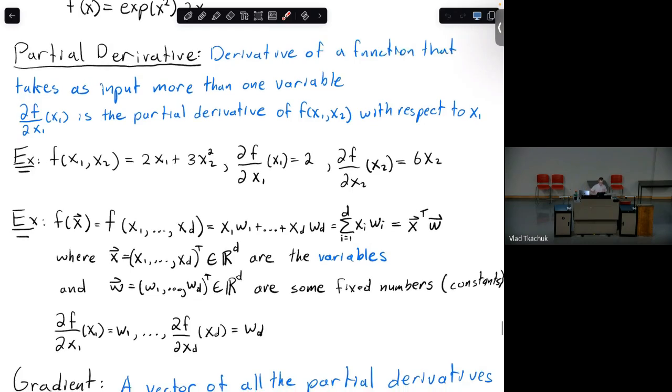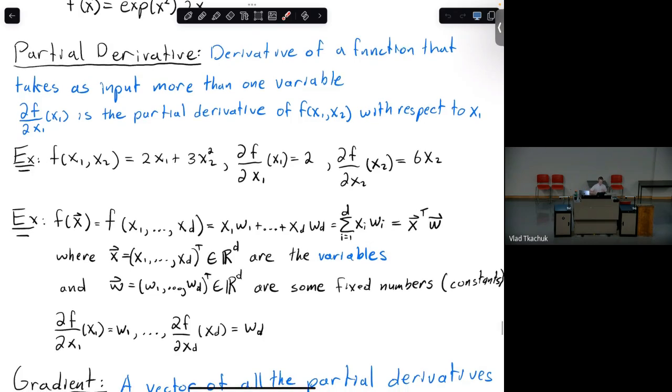Okay, and here's something really important to note. It's going to be communicated sometimes that we think of some things as variables in the function and other things as constants. In this function, we're going to think of this x vector as the variable. So there are d variables. And we're going to explicitly say that this w is just a bunch of fixed numbers, or constants. We're not going to think of it as a function of w.